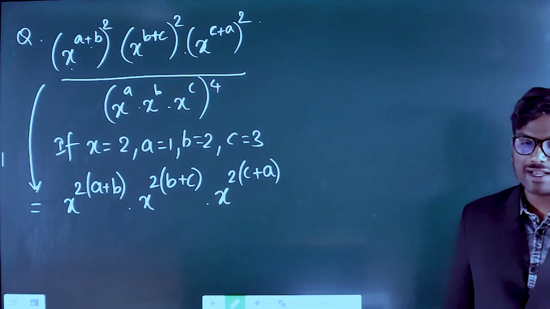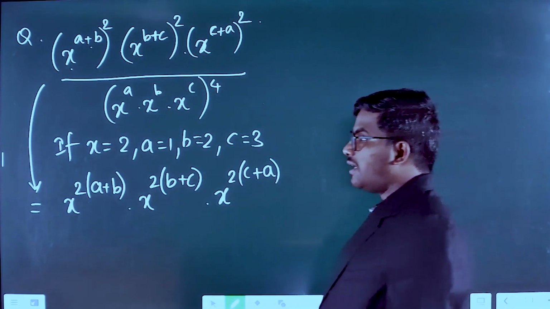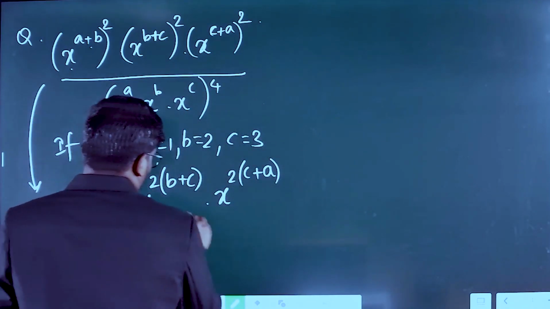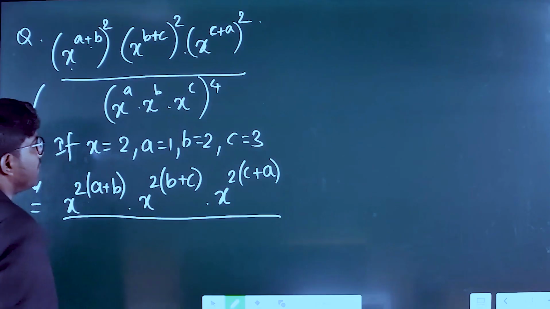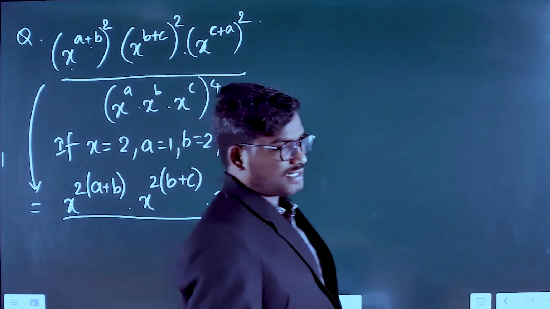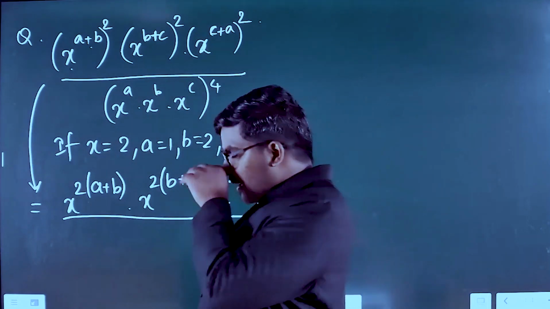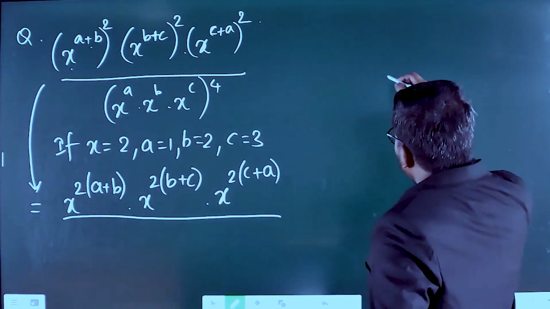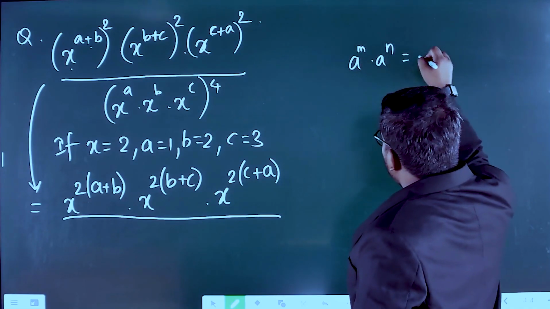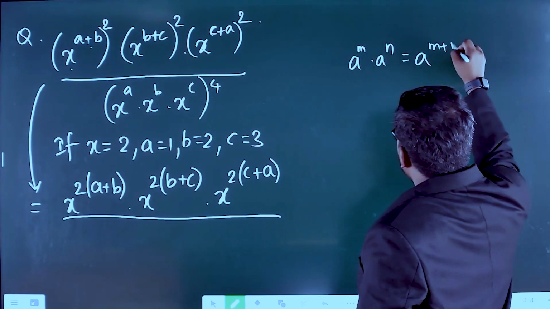(x power c plus a) whole square shall be x power 2 into (c plus a), whole divided by x power a into x power b into x power c. A power m into a power n is a power m plus n, right?